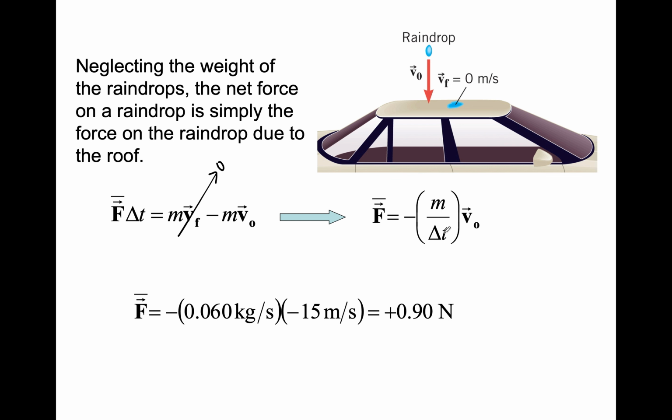M divided by delta t is given. M divided by delta t is 0.06 kilogram per second. Initial velocity is negative 15. So the force is 0.9 Newton on the roof of the car in this problem.